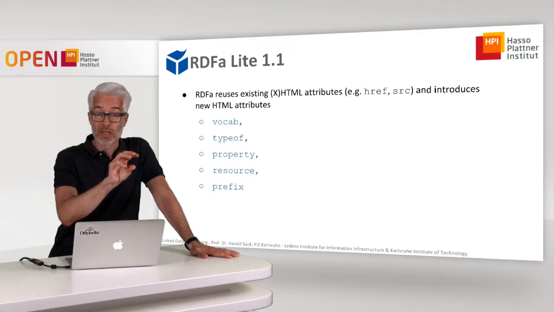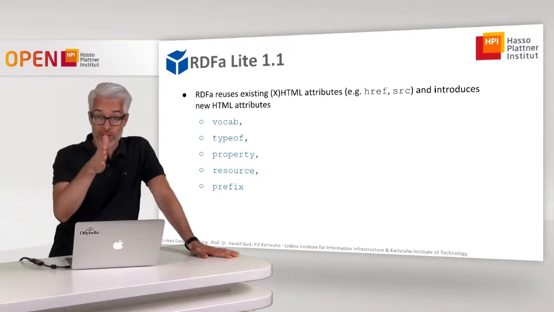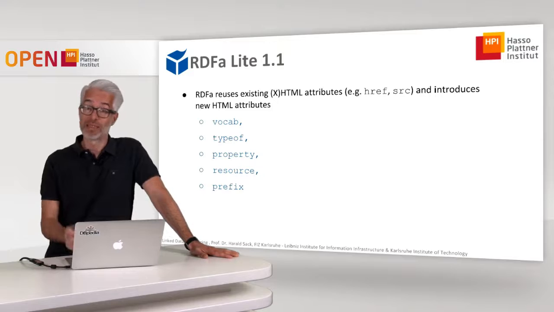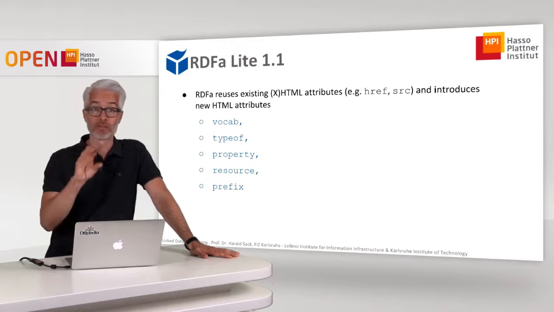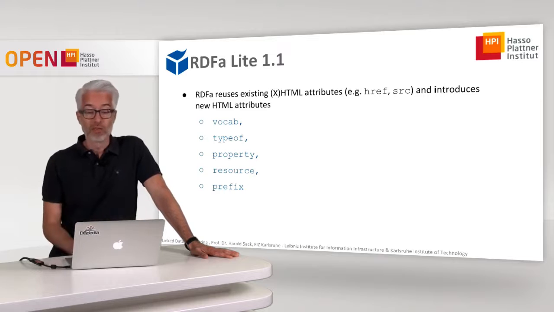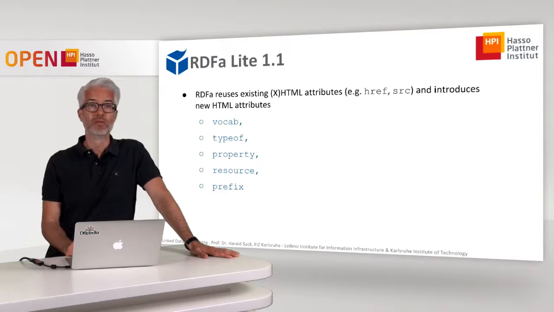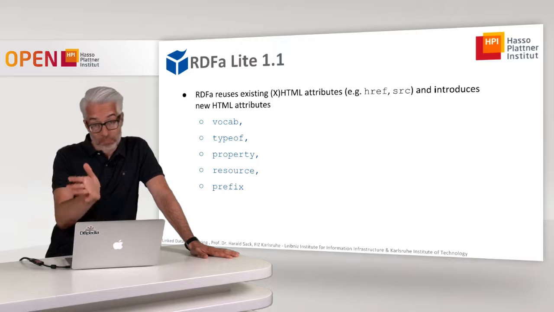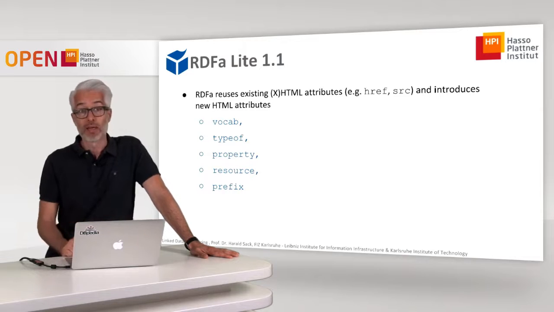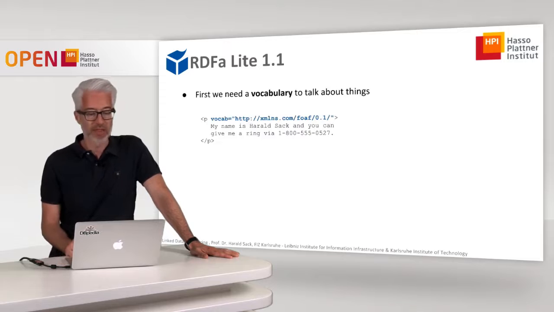In the img element, you can give the URI of an image with the help of the src attribute, and in the same way, the src attribute is also used in RDFa. Therefore, you avoid clashes here. For the other things, new attributes have been introduced, like the vocab attribute, the typeof attribute, property attribute, resource attribute, and the prefix attribute. Simply look at the names. You might already guess in which way they are used. We will look at an example, then it will be much easier to understand.